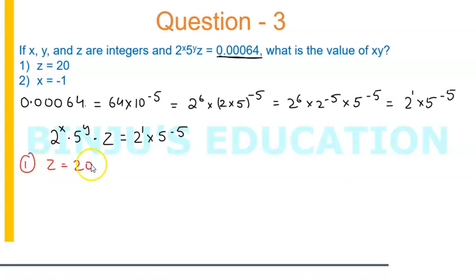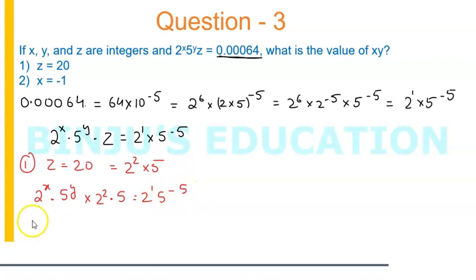Now, 20 is 4 into 5, which is nothing but 2 square into 5. So, 2 to the power x into 5 to the power y into 2 square into 5 is equal to 2 to the power 1 into 5 to the power negative 5, which means 2 to the power x into 5 to the power y is nothing but 2 to the power 1 into 5 to the power negative 5 divided by 2 square into 5.